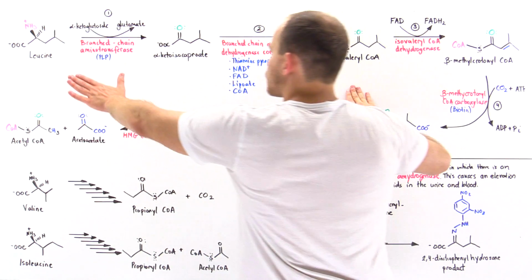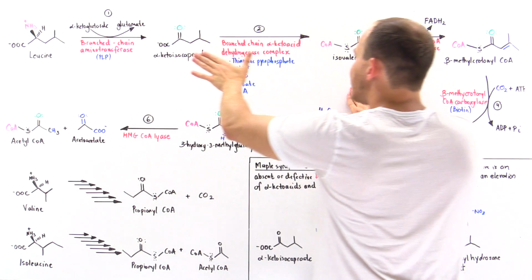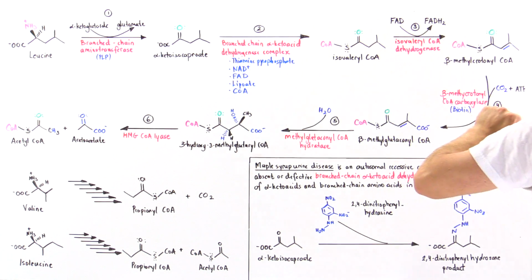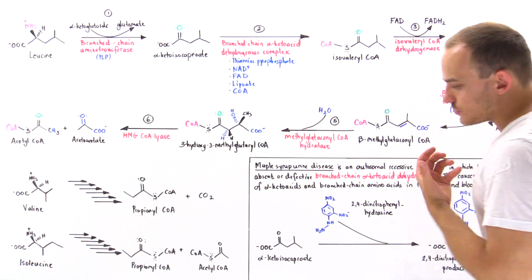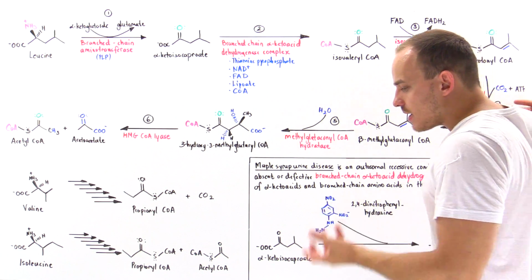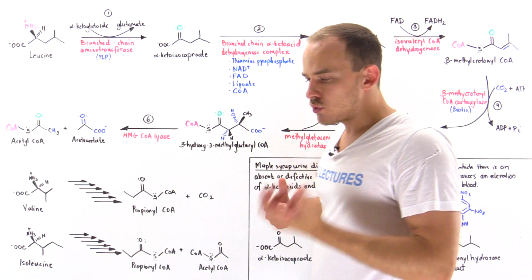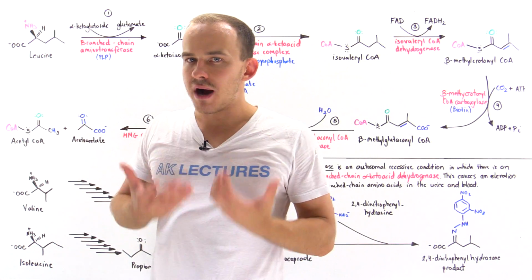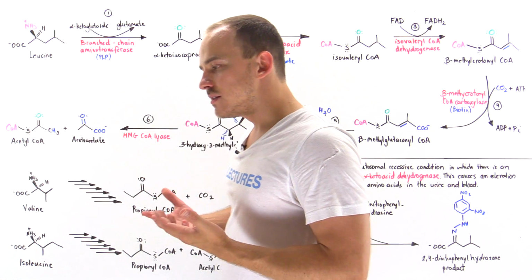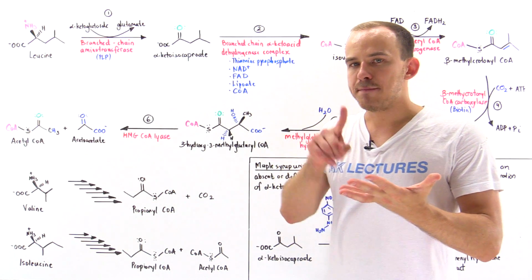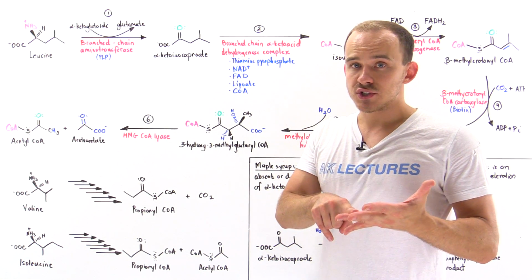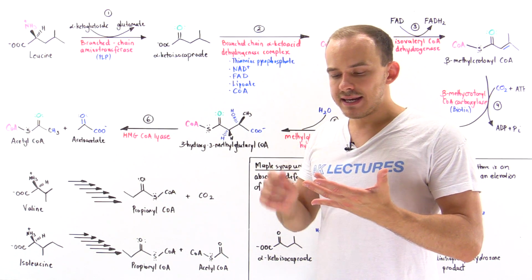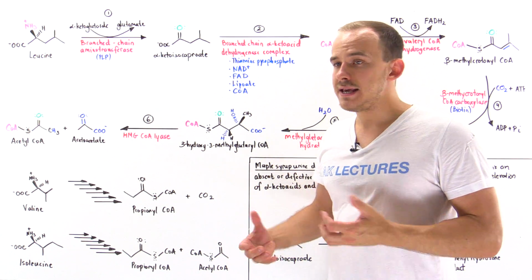So we have a transamination step, an oxidative decarboxylation step, a dehydrogenation step, and now we're going to look at the 4th step, a carboxylation step. Any carboxylation reaction utilizes an enzyme known as a carboxylase, and a carboxylase needs 3 things: a biotin molecule, a carbon source, carbon dioxide, and an energy source, ATP.